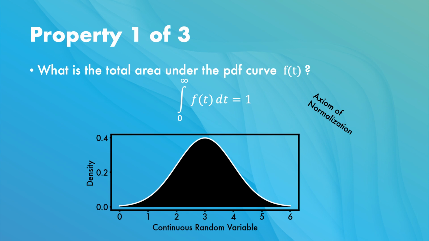Let us check now three visual properties of the failure function. One thing is that the failure function at infinity equals 1. This is because the integral from 0 to infinity of the probability density function equals 1. If you remember the axiom of normalization, this has to do with the fact that the probability of the sample space equals 1.